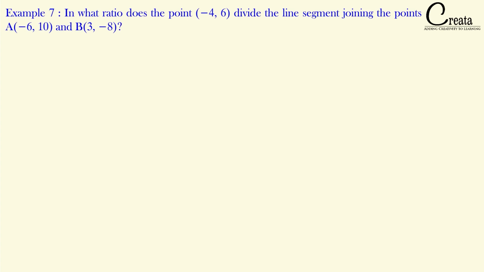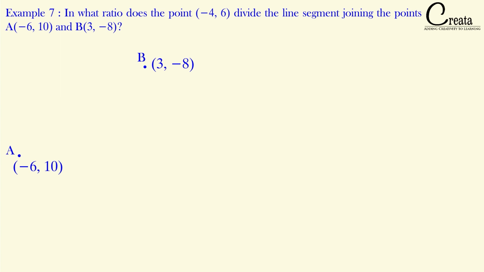In what ratio does the point -4, 6 divide the line segment joining the points A -6, 10 and B 3, -8? Firstly, let's observe the question. In this question, 3 points are given. Firstly, let's take point A and point B. Point A is -6, 10 and point B is 3, -8.